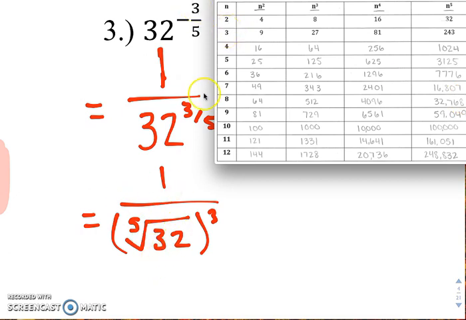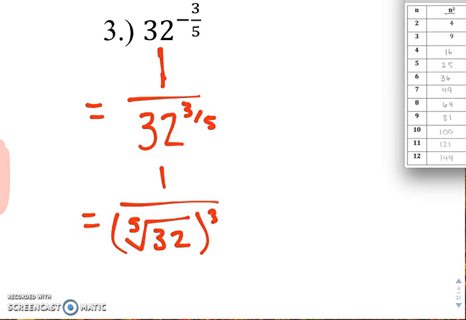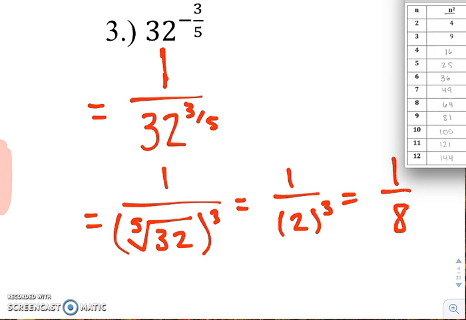So that's how we use that power sheet if we don't have a calculator or if we can't use a calculator. So the 5th root of 32 is 2, so that's what's going to be inside of our parentheses. And now we're going to have 1 over 2 cubed, and 2 times 2 times 2, or 2 cubed, is 8.